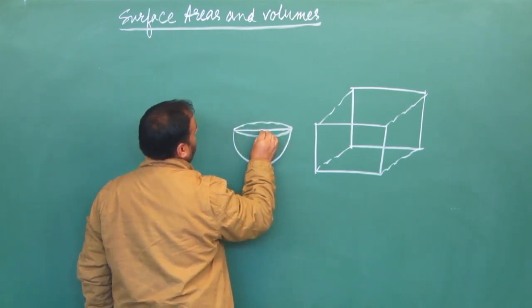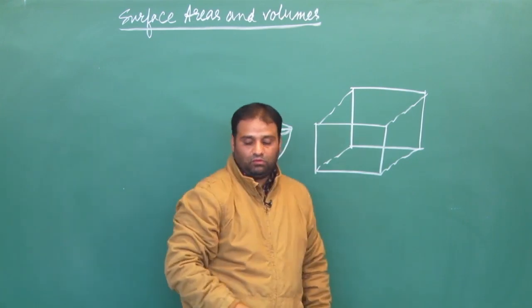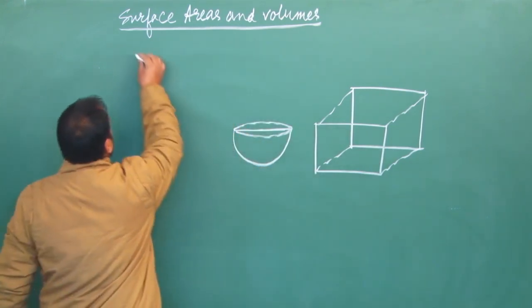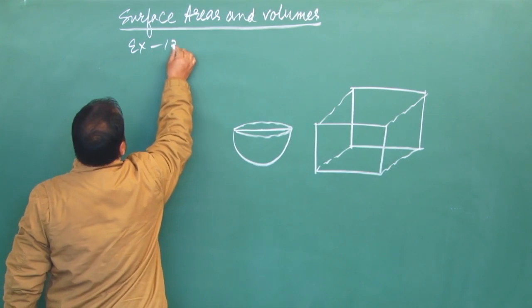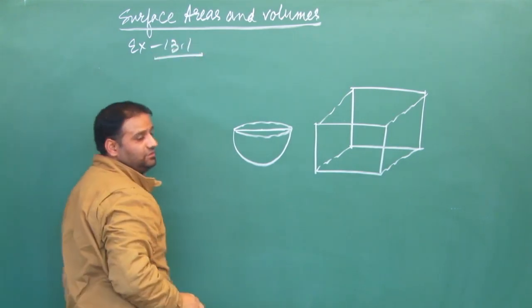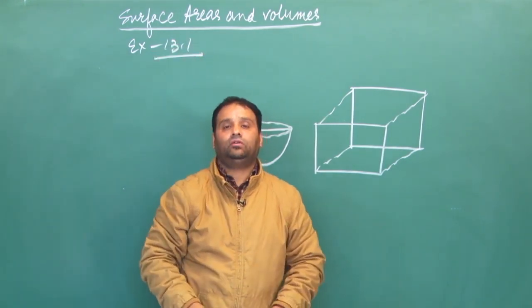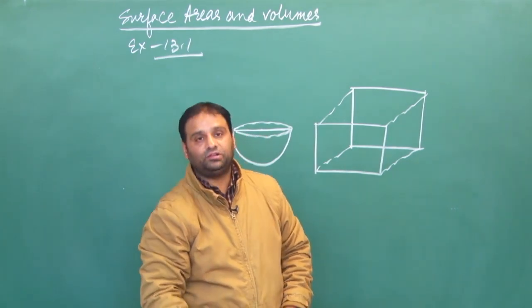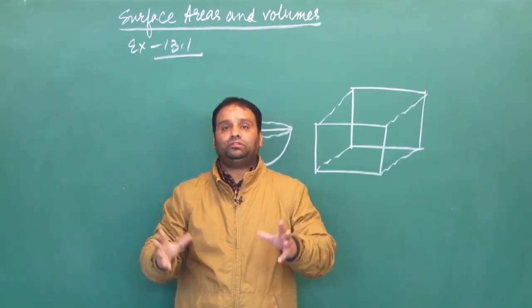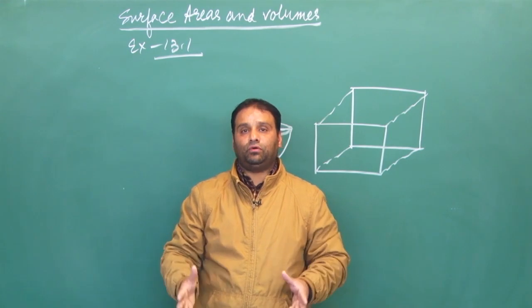This is the hemisphere. Now if we find the surface area of the combined figures, we need to understand how the surface of that solid will form.